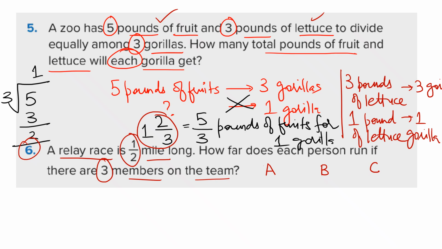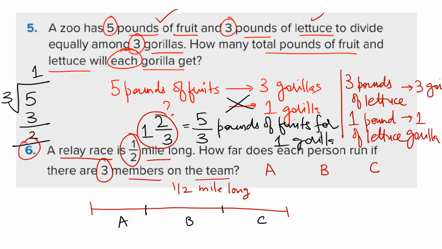I hope you know what a relay race is. So for example, it is this distance we are covering. So how much is it in total? 1 by 2 mile long, and each member is going to run an equal distance. So can I say I can divide it into 3 equal parts? For example, this is for A, this is for B, this is for C, because there are 3 members.